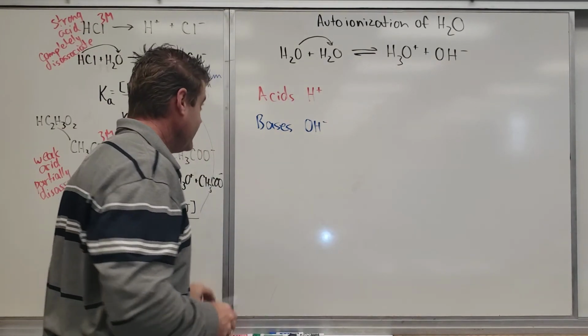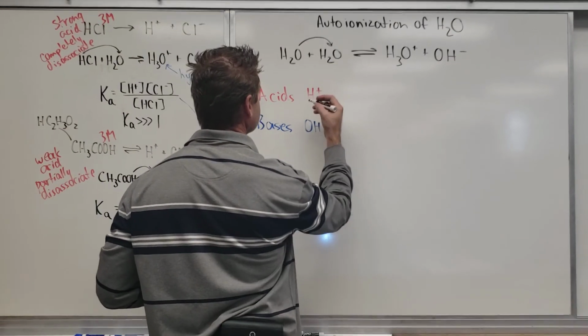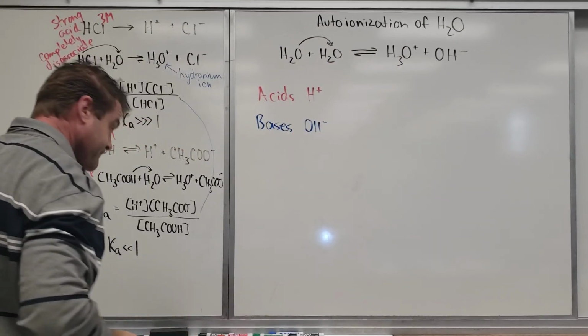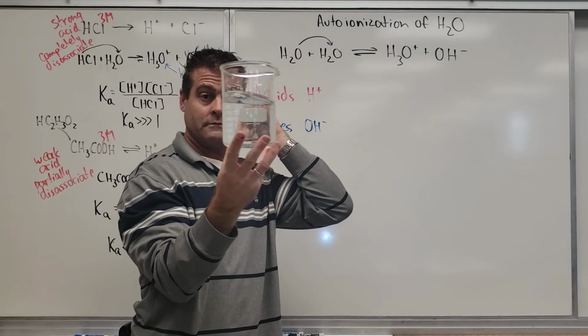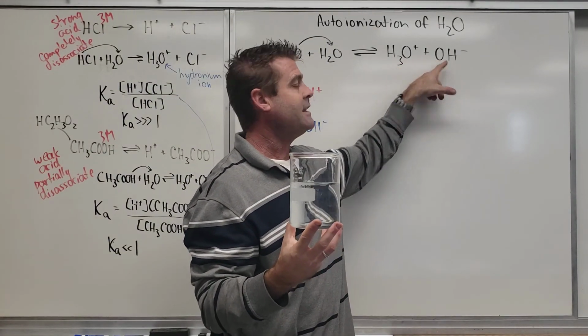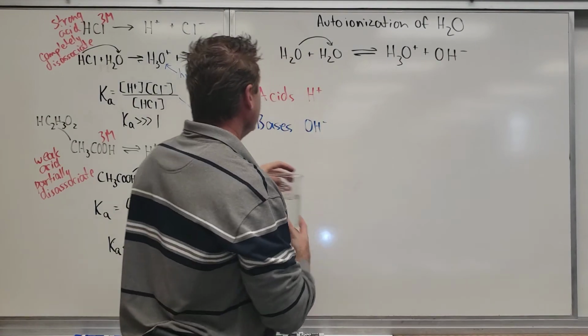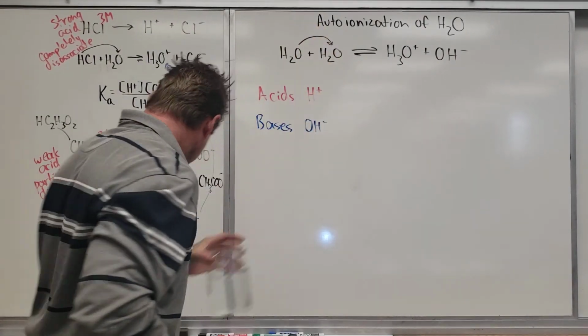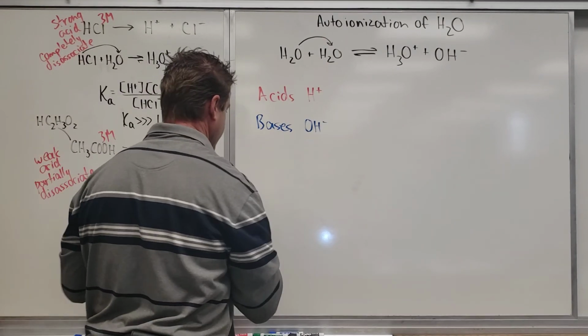So in reality, what makes acids acids? Think about this. If this is pure water, what could you say about the concentration of H3O plus ions and hydroxide ions? Notice, for every one of this that reacts with this, I form one of this and one of this. In pure water, this is the case.